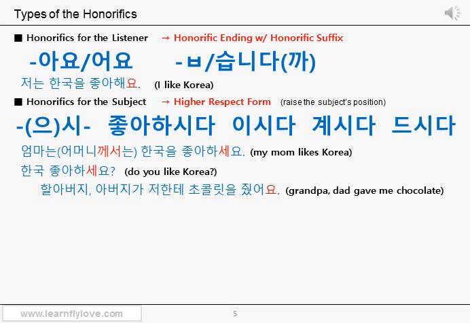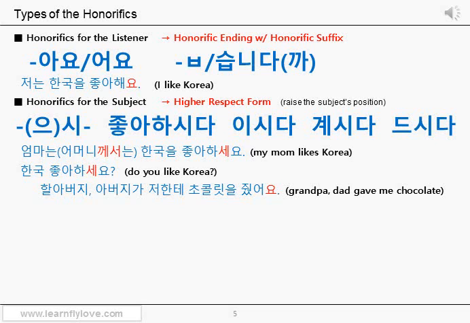This is a good example of the relative honorifics in Korean. When you speak to someone about another person, you must calculate the relative difference in position between the person you are referring to and the person you are speaking to. If the person you are speaking to is in a higher position in terms of age, title, etc., than the person you are referring to, you shouldn't use the higher respect form for the subject you are referring to.